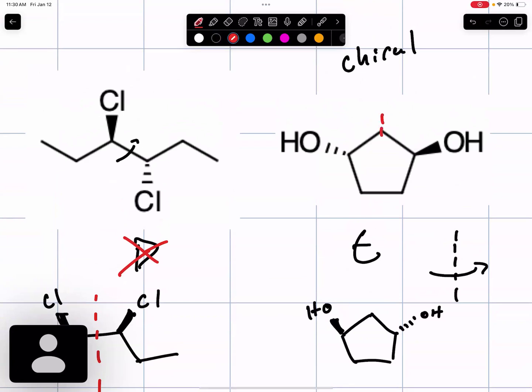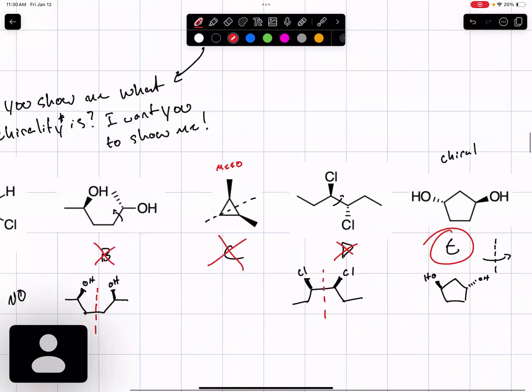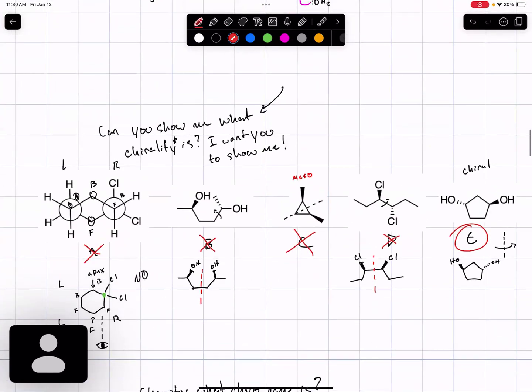So you couldn't just simply divide this in half and fold it up. There's no C2 symmetry. There's no reflectional symmetry in this molecule. So answer E is the only one that would be chiral. So look out for that. The point of this question is to look out for reflectional symmetry.